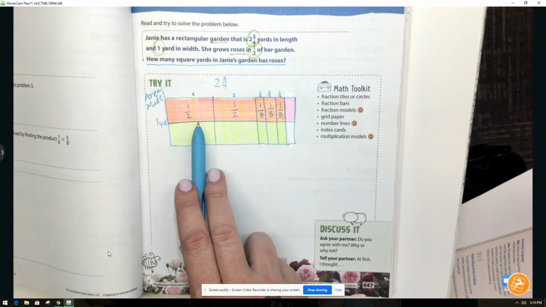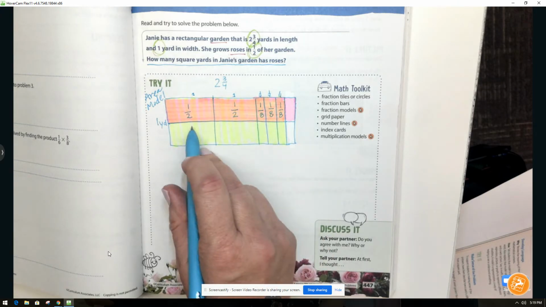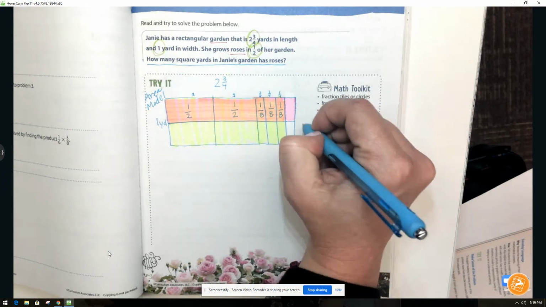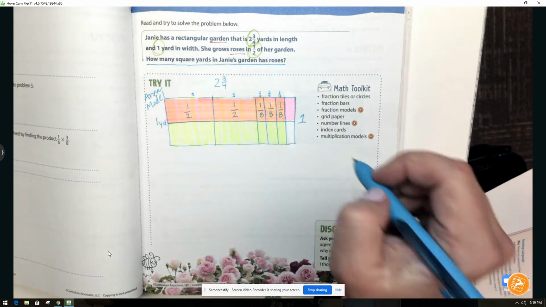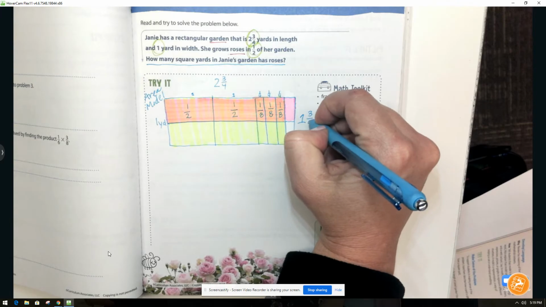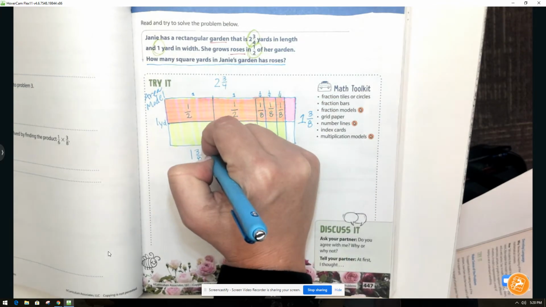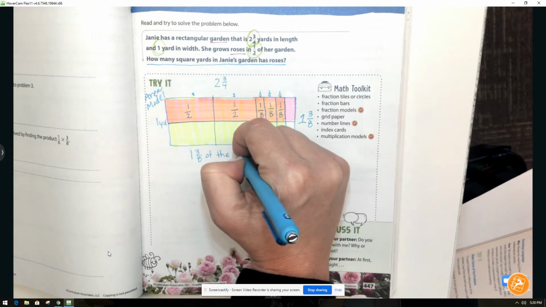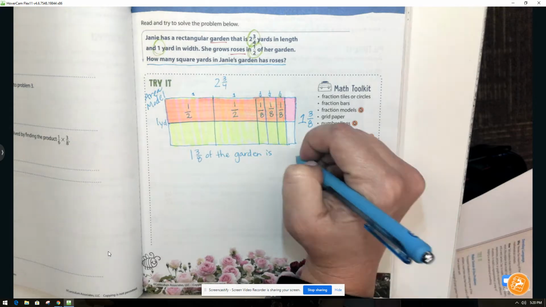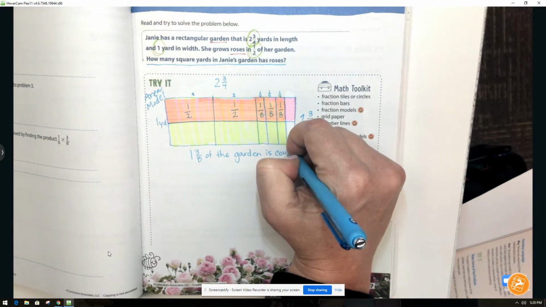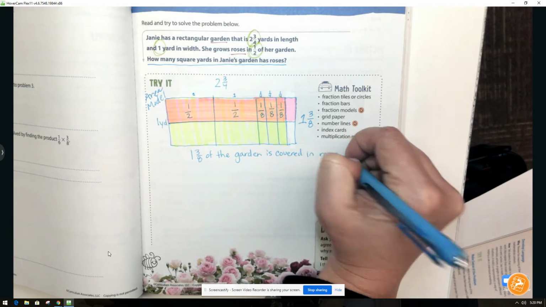So if we added together a half, a half, an eighth, an eighth, and an eighth, we would get 1/2 plus 1/2 equals 1 whole, and then 1/8 plus 1/8 plus 1/8 equals 3/8. So 1 3/8 of the garden is covered in roses.